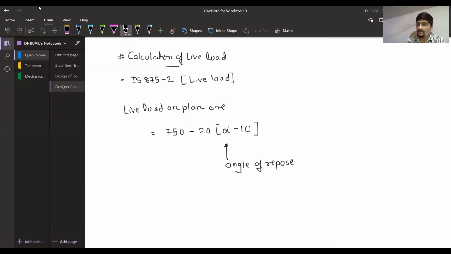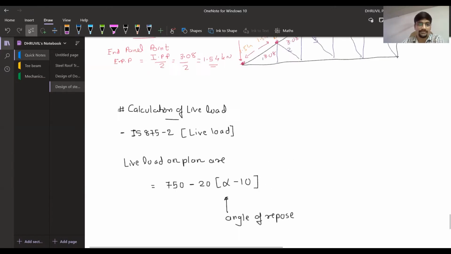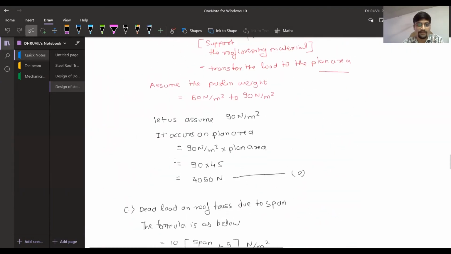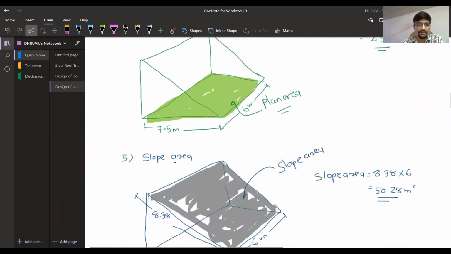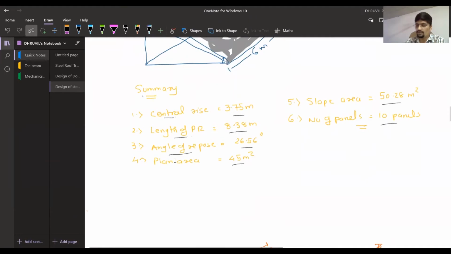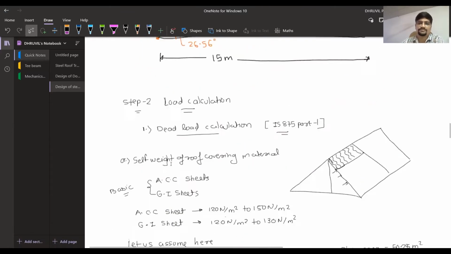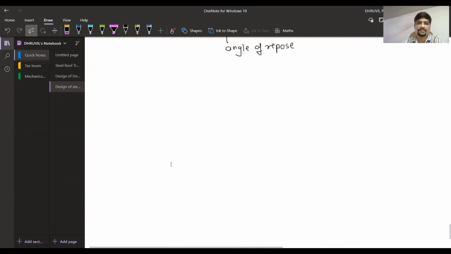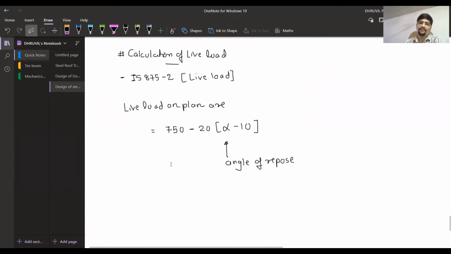So let's check what we found earlier. What was the angle of repose? In the configuration portion, we found the angle of repose, which is 26.56 degrees. So alpha is equal to 26.56 degrees.